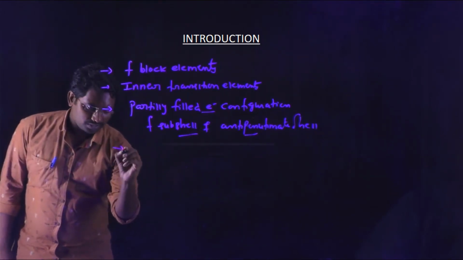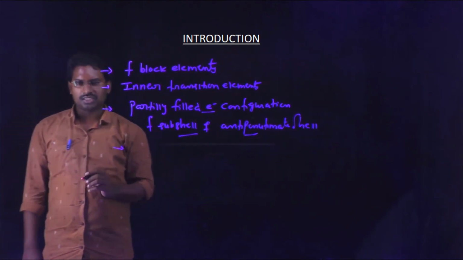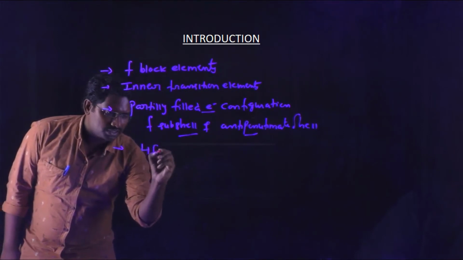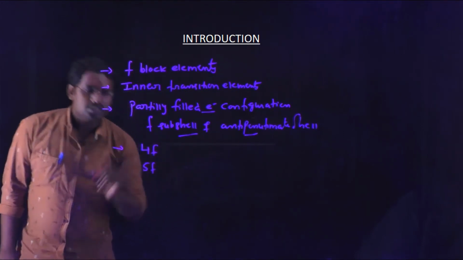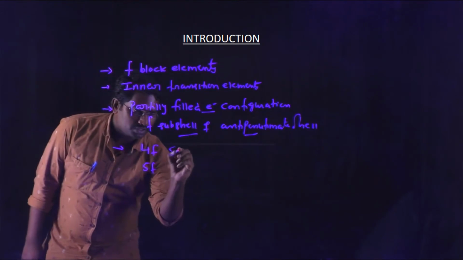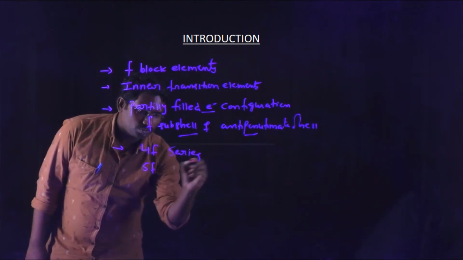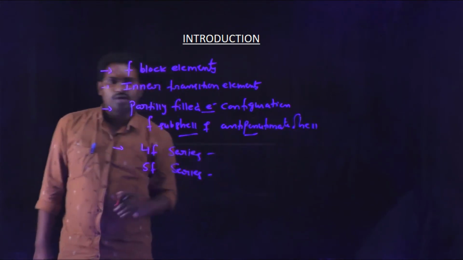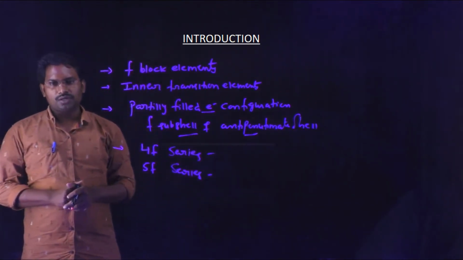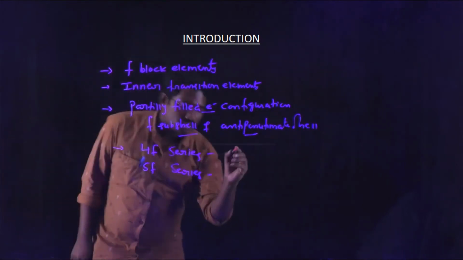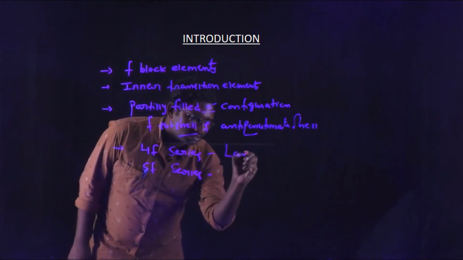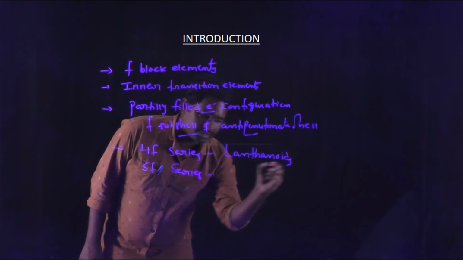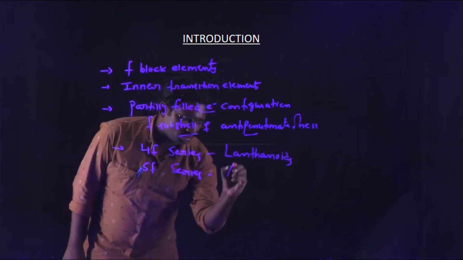These F block elements are arranged in two series in the periodic table, that are 4F series elements and 5F series elements. 4F series elements are known as lanthanoids. 5F series elements are known as actinoids.